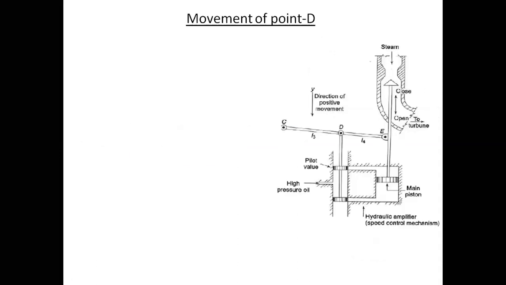Now consider the movement of D. Movement of D is very important. Movement of D actually controls the movement of the pilot valve. Here you can see the movement of D mainly controls the movement of this pilot valve. So the movement of D is very important for our speed governor operation.